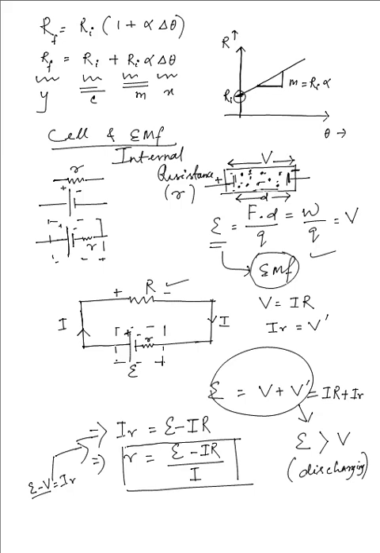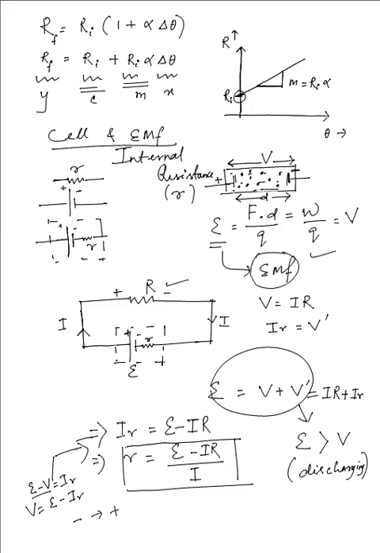This minus now changes, or you have V equal to E minus Ir. The only thing that changes is that instead of that minus, you now have plus, because you are providing it with a potential difference. So the minus changes to plus in this case.